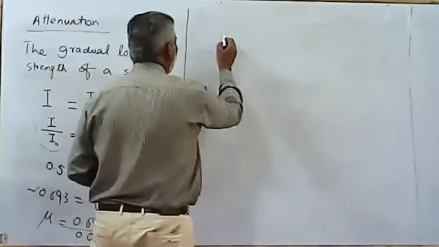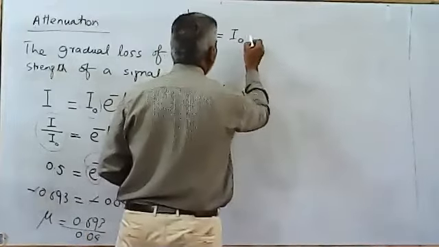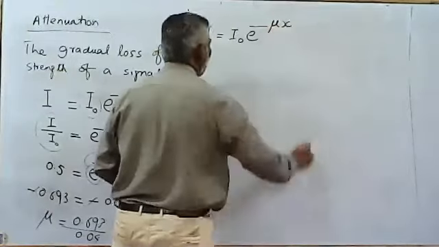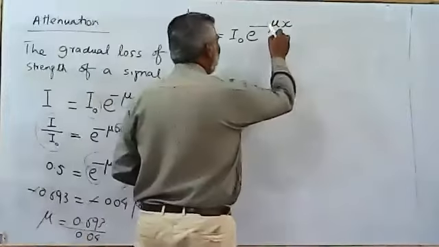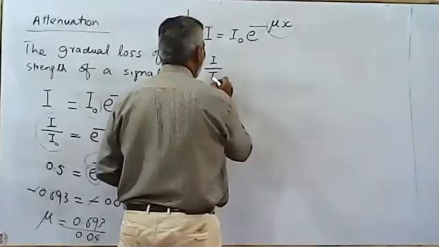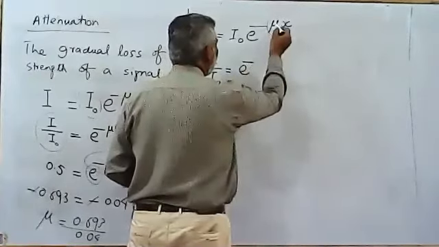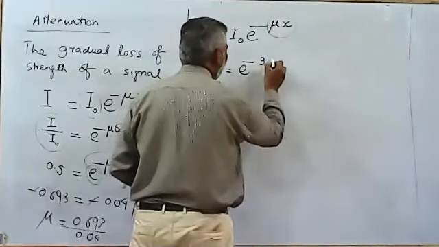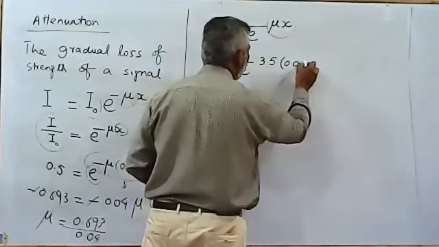That means I is equal to I naught e to the minus mu x. Suppose I know both of these numbers. So I over I naught is equal to e to the minus, let's say this is something like 3.5 and this x is 0.04.